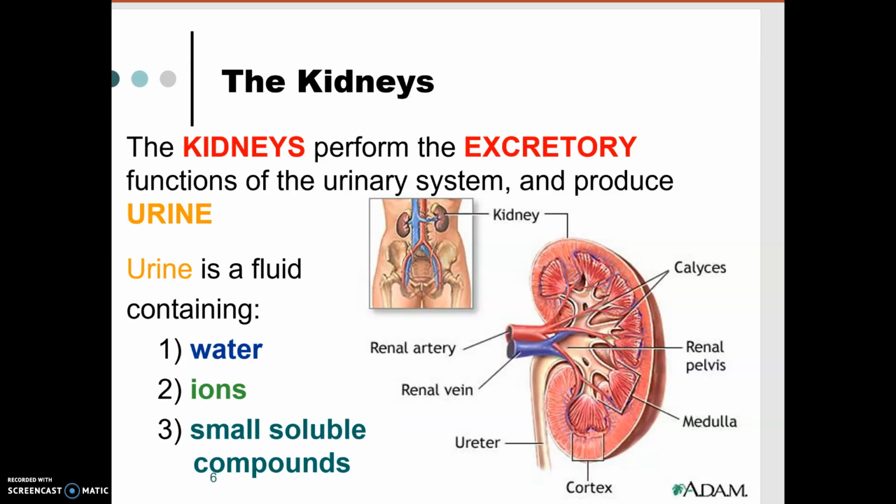A urine test, for example, if you go to the doctor, quite often they'll ask you for a urine test, and basically the reason they do that is because it's really simple, it's really cheap, it's non-invasive, and they can get a good idea of your health at that particular time based on what's excreted in the urine.